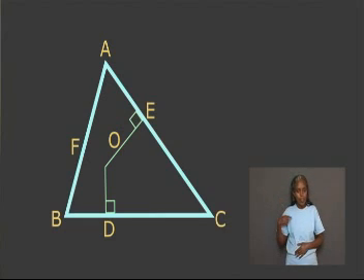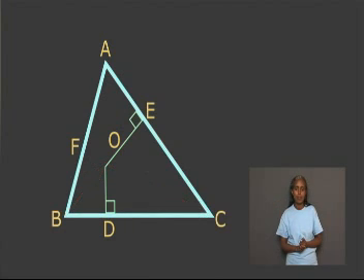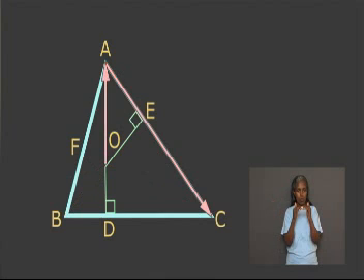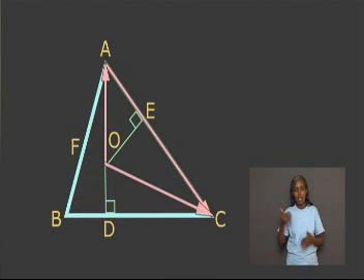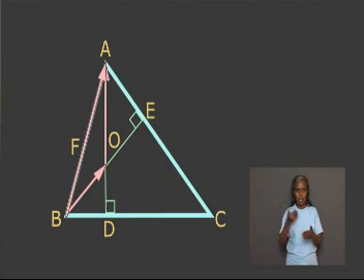We can see that BC is equal to the difference between OC and OB. Similarly, CA is equal to OA minus OC, and AB is equal to OB minus OA.